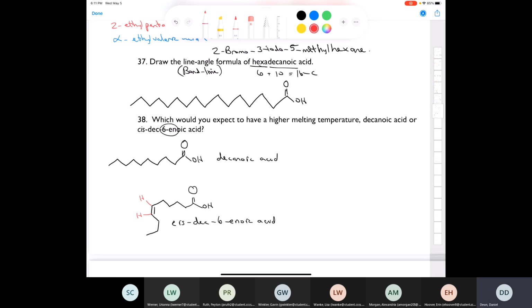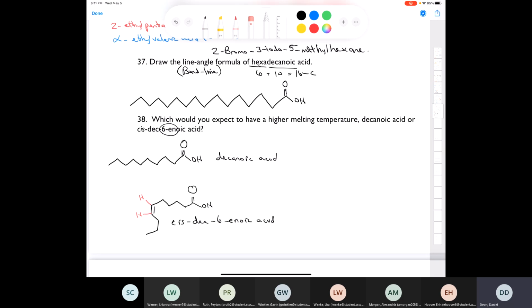Well, if you think about them in terms, yeah, exactly, Gavin, I agree with you. It would be the decanoic acid, right? Because if we had a second molecule of it, if I just copy and paste it just for fun, I'll paste it over here, you can see how this would pack together with another molecule of this very efficiently, right? They're going to fit on top of each other, and you're going to maximize the intermolecular forces between the 2 molecules.